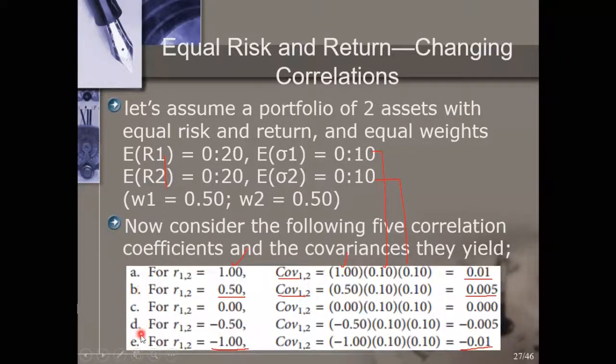These are different situations. We say if we have assets with equal return and equal weight and equal standard deviation or equal risk, then if the correlation changes, how will it affect our risk and return behavior?